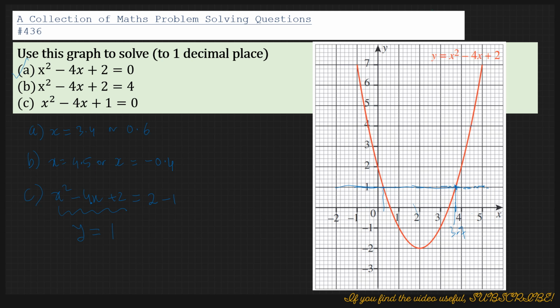So that is 0.3. So the answers are x equals 0.3 or 3.7. So 3.7 or 0.3, that's the answer for the last part.